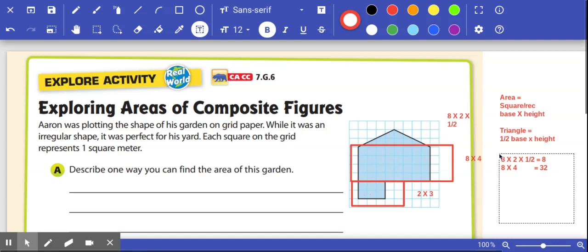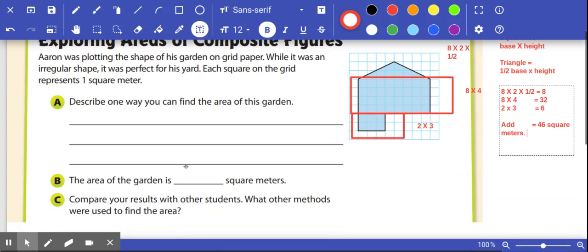And then we have 2 times 3, and that's going to be equal to 6. So when we add them up, we end up with 32 plus 6 is 38. 38 plus 8 is 46. 46 square meters.